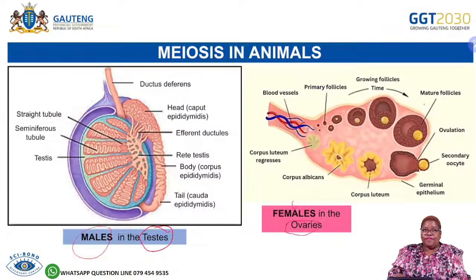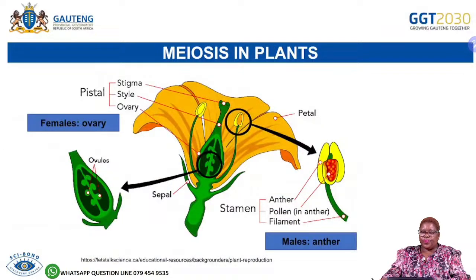With the structures of the ovary and the testes, we are going to learn more about them when we do reproduction. For this lesson, you only have to know where meiosis takes place in animals: in the testes of the males and in the ovaries of the females.